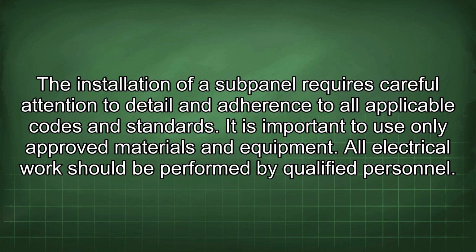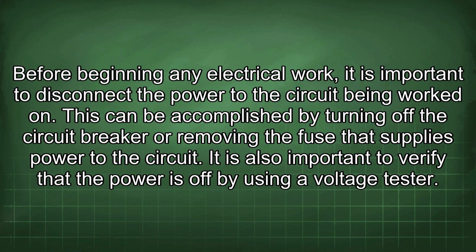The installation of a subpanel requires careful attention to detail and adherence to all applicable codes and standards. It is important to use only approved materials and equipment. All electrical work should be performed by qualified personnel. Before beginning any electrical work, it is important to disconnect the power to the circuit being worked on.